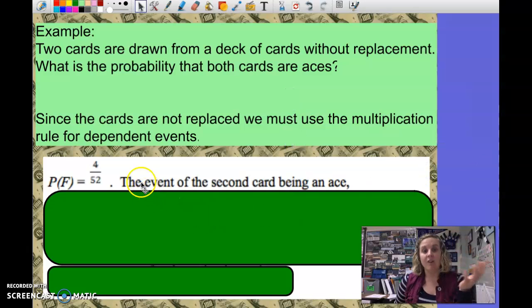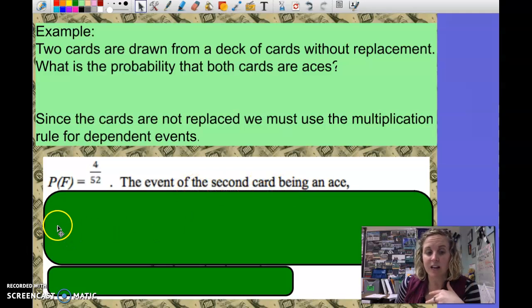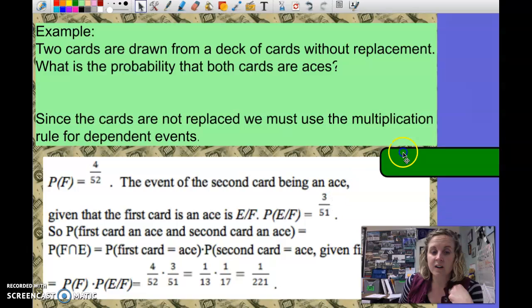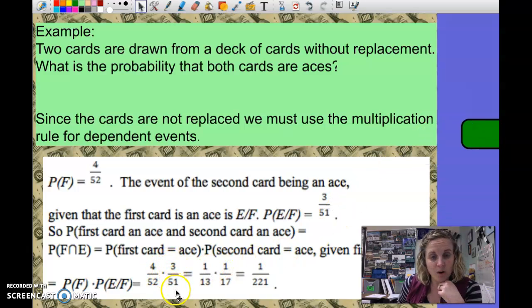So the first one, there are 4 aces out of 52. The event of the second card being an ace, if that first one was pulled, there's only 3 left. But now this time there's only 51 cards left. So to find the total here, we've got 4 out of 52 times 3 out of 51. Both of these can reduce, so that's our final answer. And again, you should reduce first. It's going to save you a lot of time in the end.